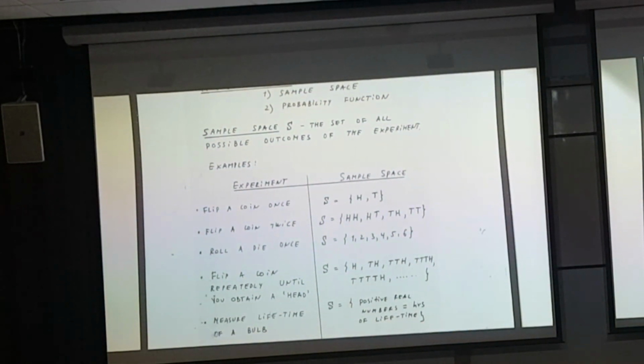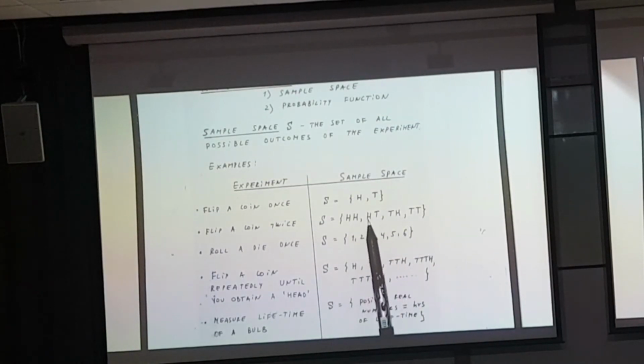If you flip a coin once, then you have only two possible outcomes, heads or tails. So your sample space S contains two elements, and you can denote them with letter H for heads and letter T for tails. If you flip a coin twice, then you have four possible outcomes, which correspond to heads or tails obtained one after another.